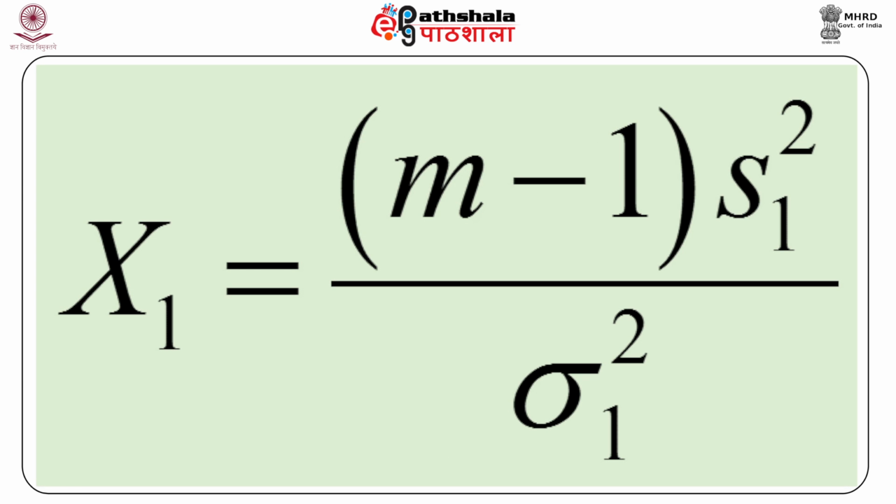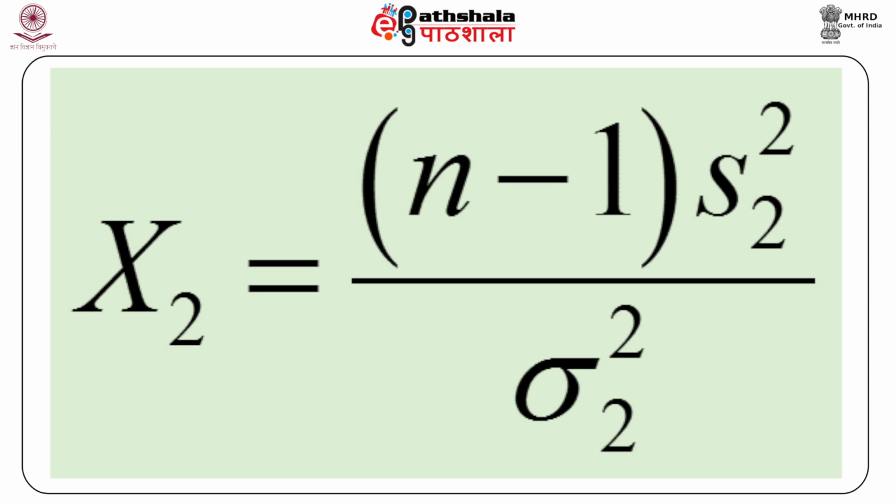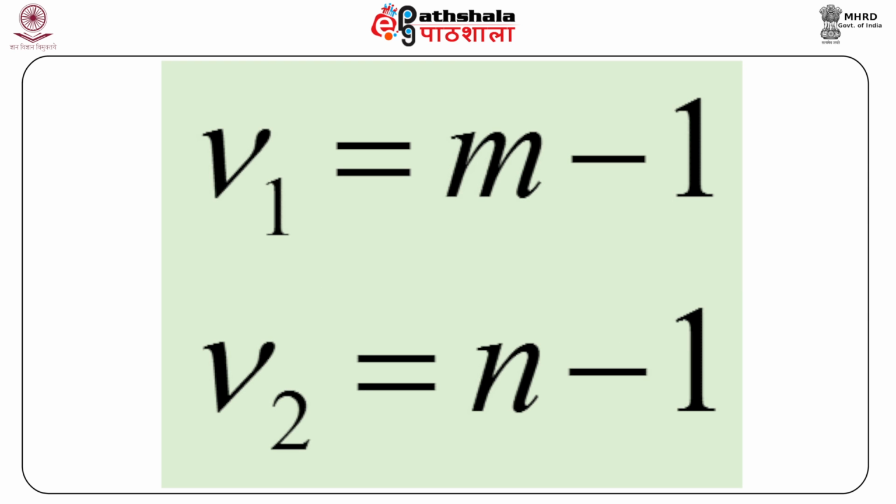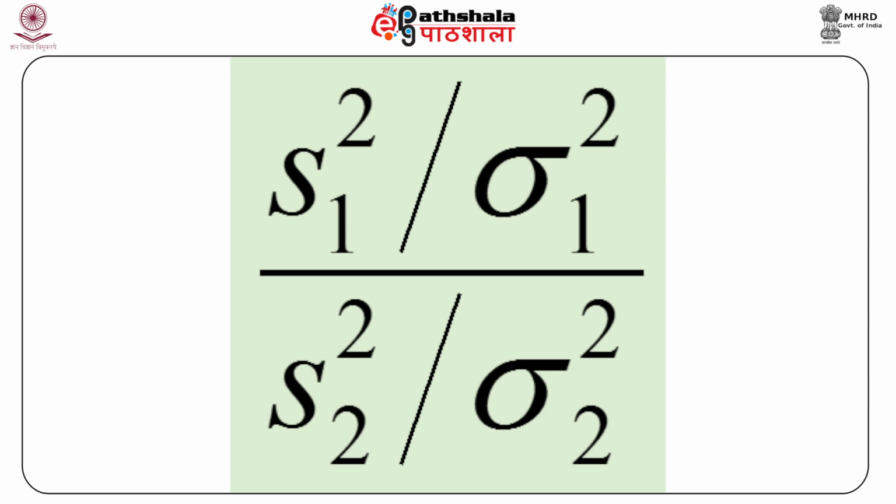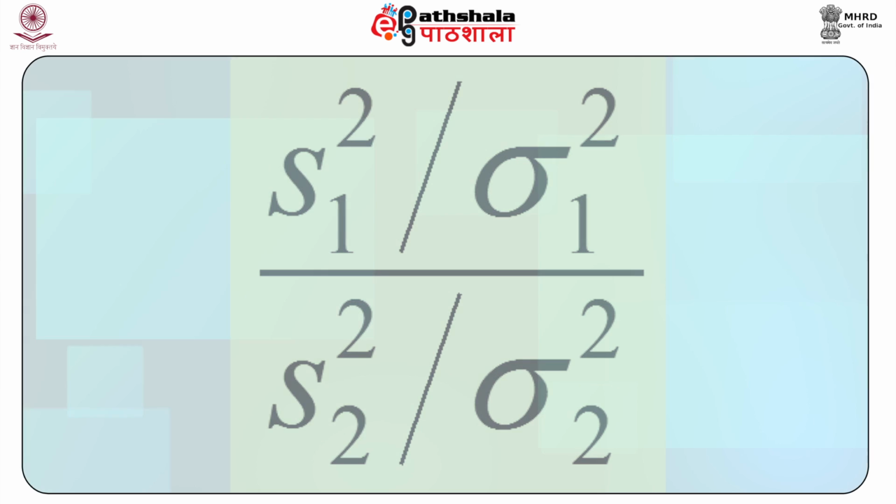Substituting this X1, in fact this is chi1, equal to (m minus 1) s1 square upon sigma 1 square, and chi2 equal to (n minus 1) s2 square upon sigma 2 square in the above ratio, with nu1 equal to m minus 1 and nu2 equal to n minus 1, we obtain the statistic (s1 square upon sigma 1 square) divided by (s2 square upon sigma 2 square).